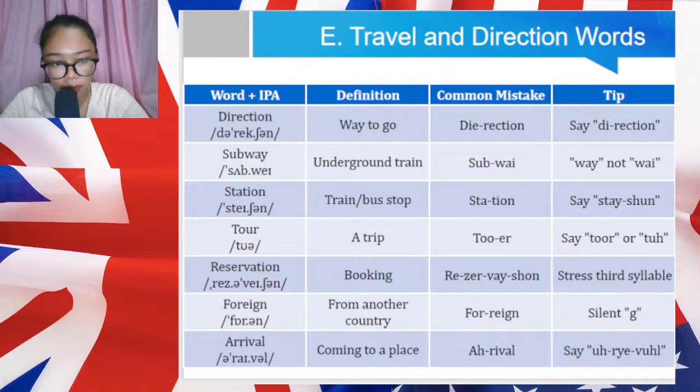So direction. Now here, the first syllable is pronounced with a short E sound, like the E in dinner. So D, direction, D, dinner. So that's how you say the first syllable. Now, the second syllable here is rec, which has a short E sound like in bed.